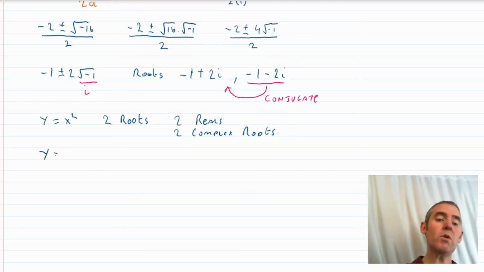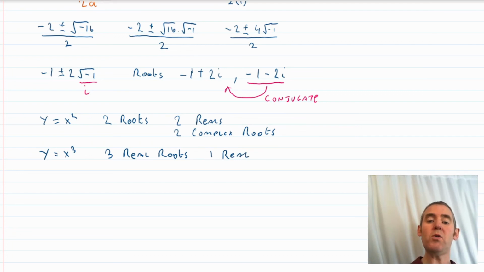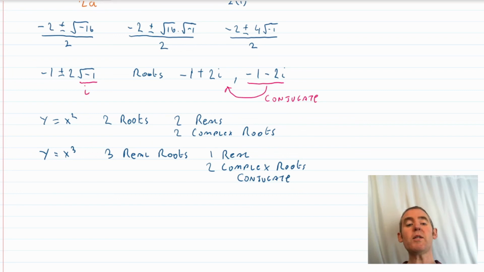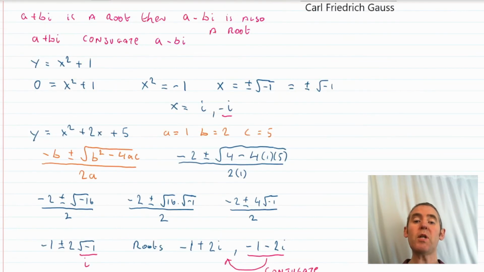If you have y is equal to x cubed, that can have three real roots, or it can have one real root and two complex roots that are conjugates of each other. So you can see that when you look at the highest power of x, and using the conjugate root theorem, you can tell what type of roots you can have in these situations. So that will help when you're solving Leaving Cert questions.